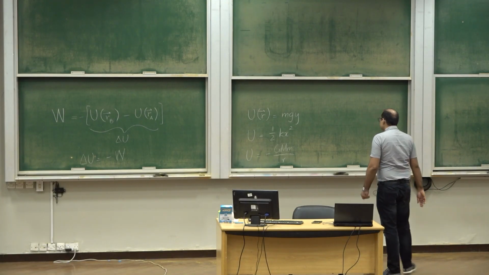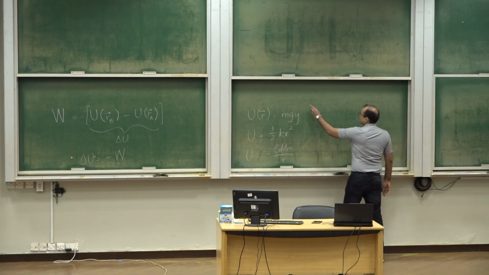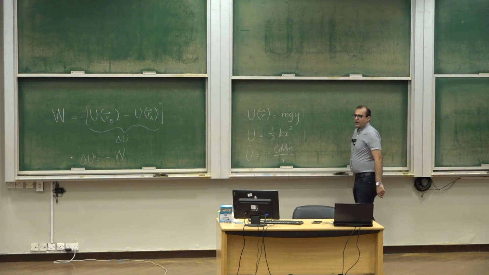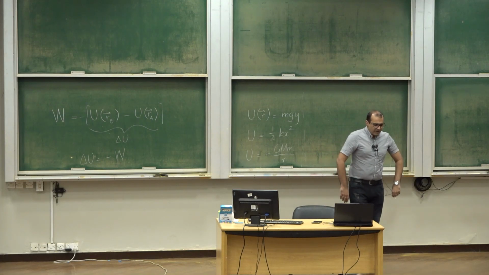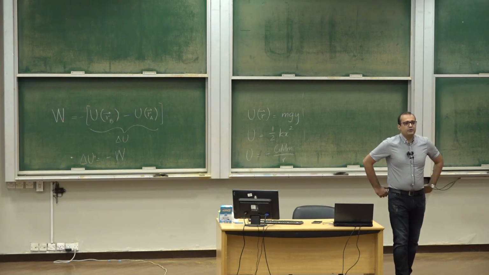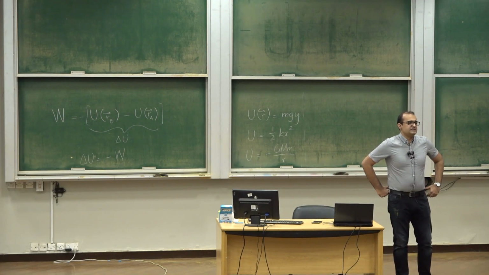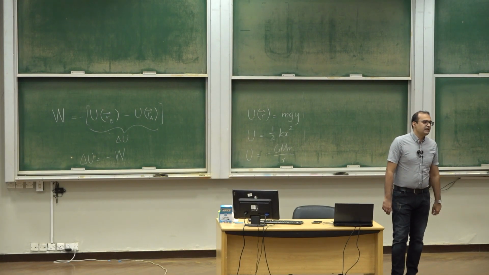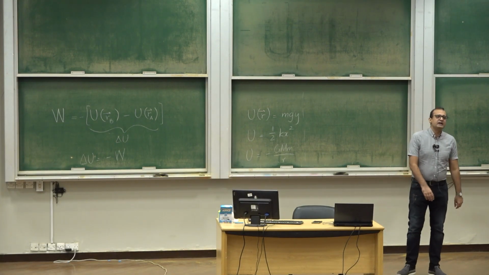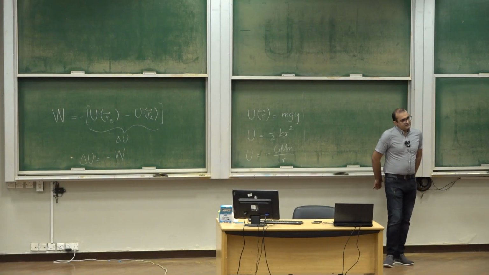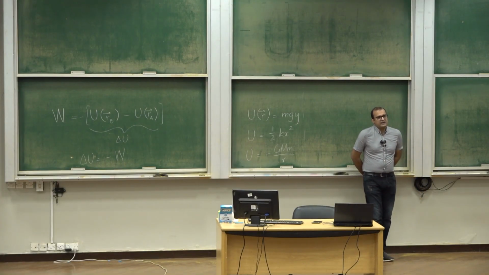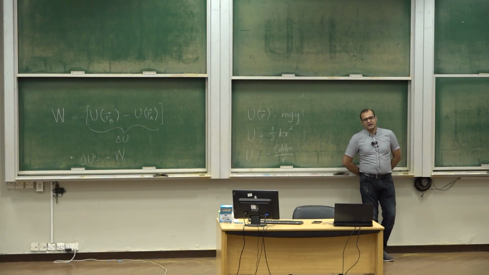Another way to derive this function is to say that I'll calculate the value of this function at different points by first of all choosing a reference point. I can find out the work done by the conservative force in moving from this reference point to any arbitrary point.